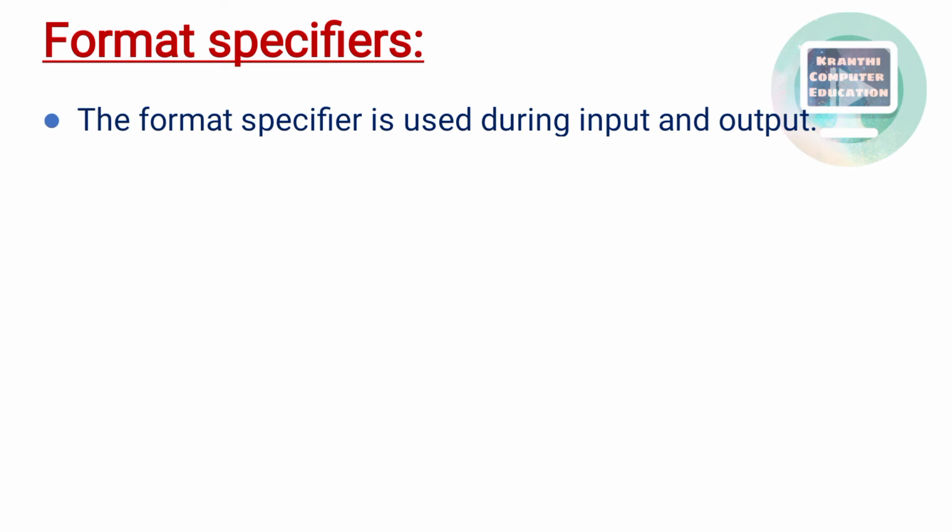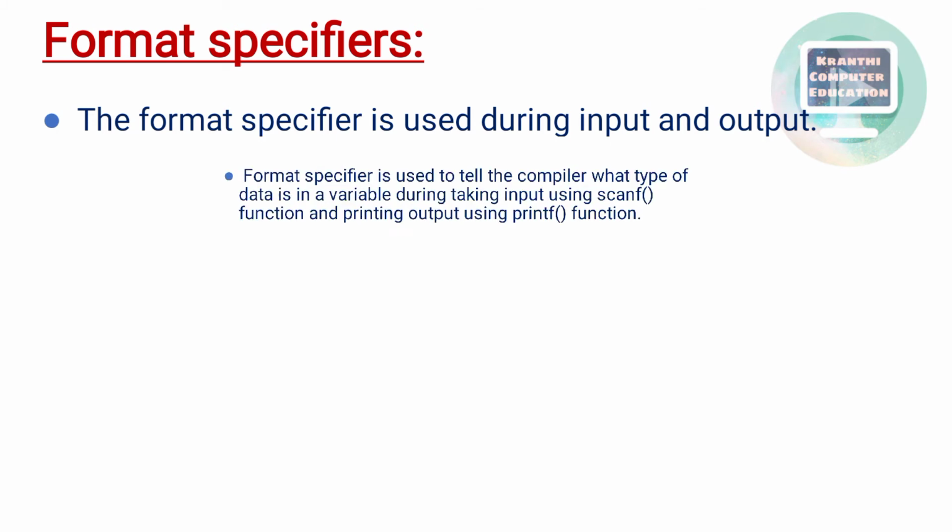Next, let's see what the format specifiers available in C language are. The format specifier is used during input and output. So during accepting the input and during producing the output, format specifiers are used.